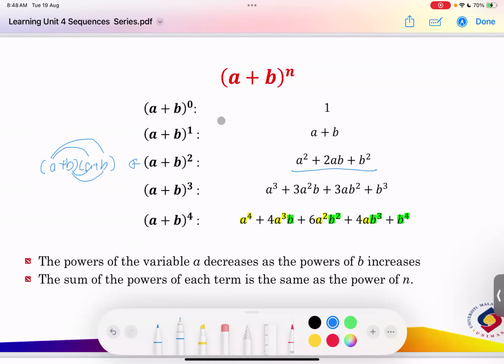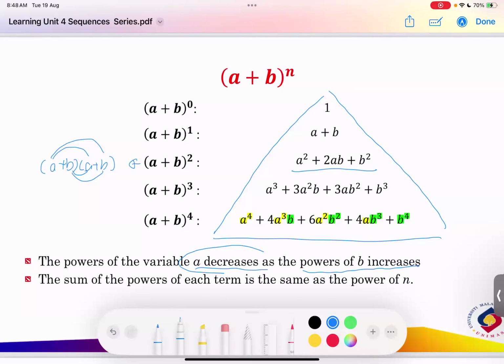From this observation, you will see it looks like a triangle. The power of the variable a decreases as the power of b increases. This means for the yellow colored a, you can see a to the power of 4, 3, 2, 1.